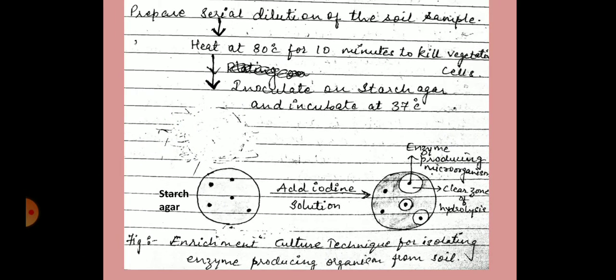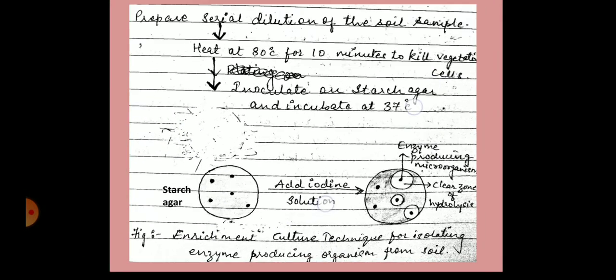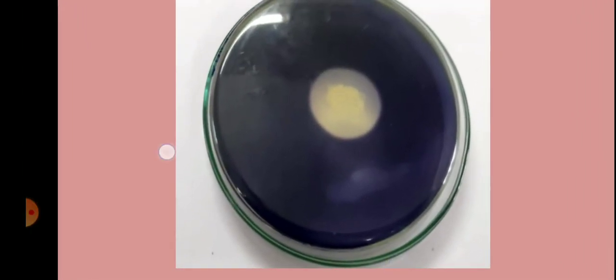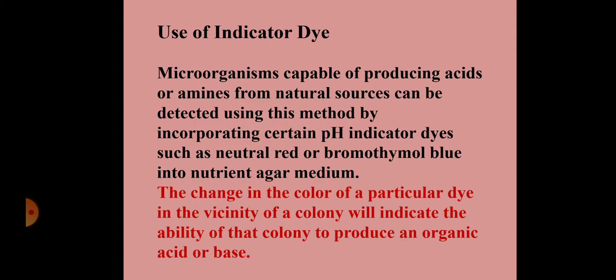They are picked up. You can see here in the next slide, the whole plate has turned blue because starch is present in it, and the colony is surrounded by a clear colorless zone. This is the microbe which produces the enzyme amylase. Okay, so the enrichment culture technique can be used for isolating amylase producing organisms from soil.